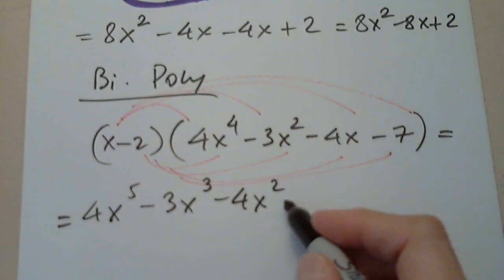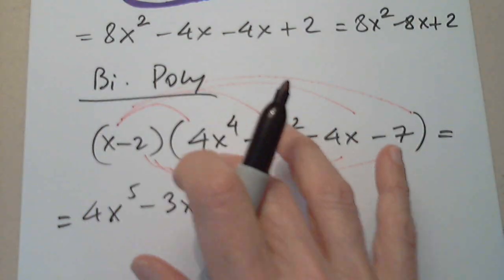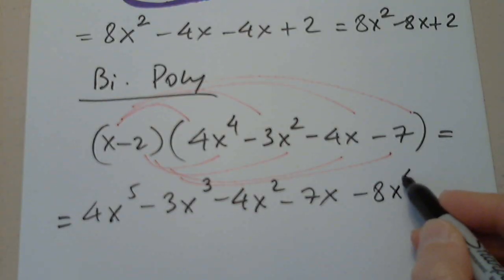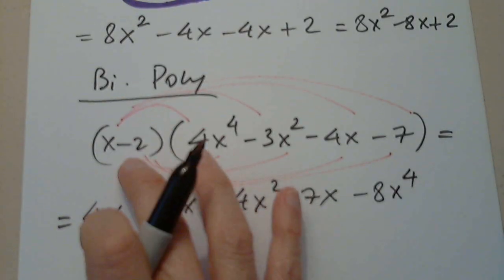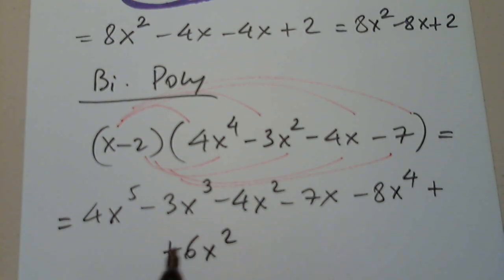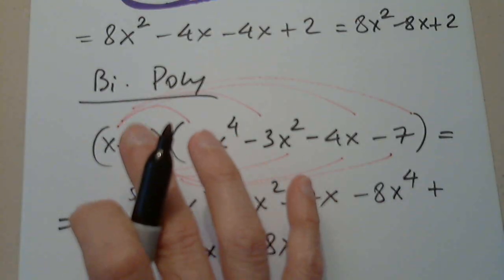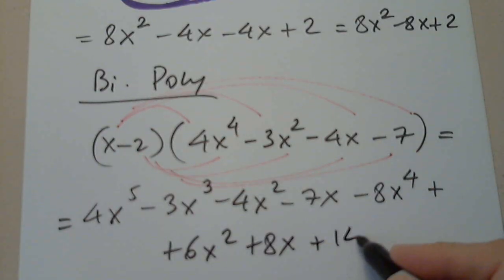X times -7 is -7x. -2 times 4x to the 4th. -2 times -3x squared. -2 times -4x. And finally, -2 times -7.